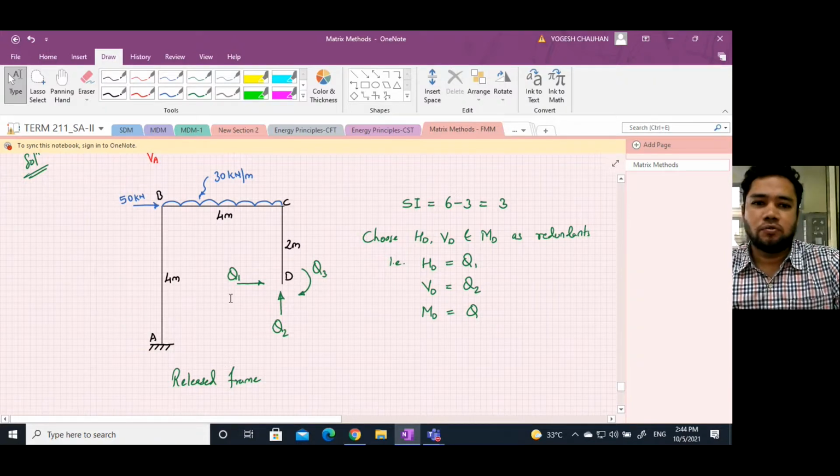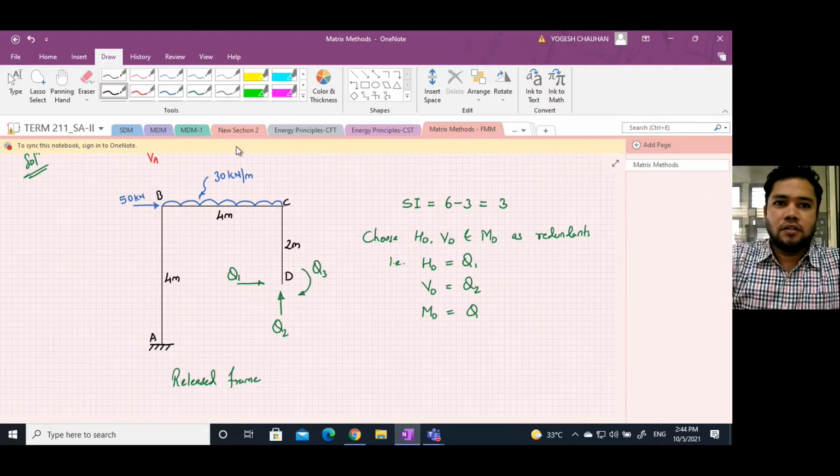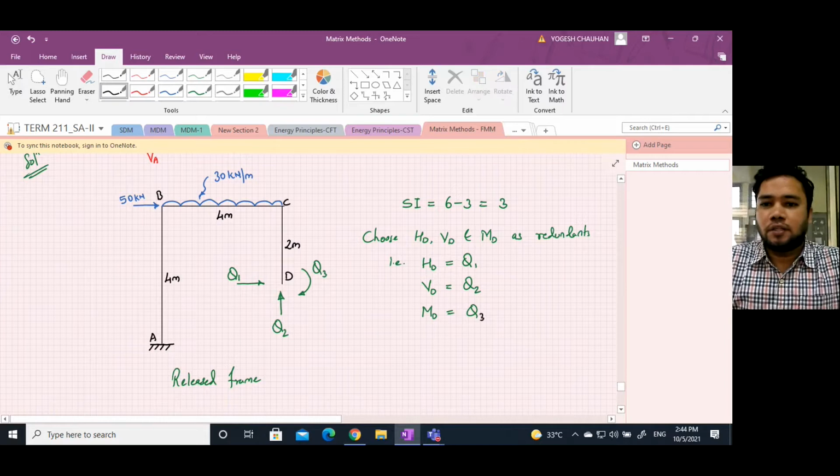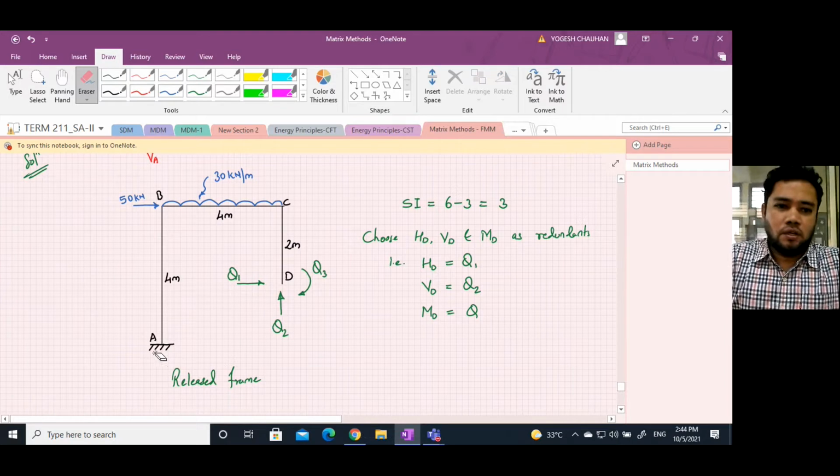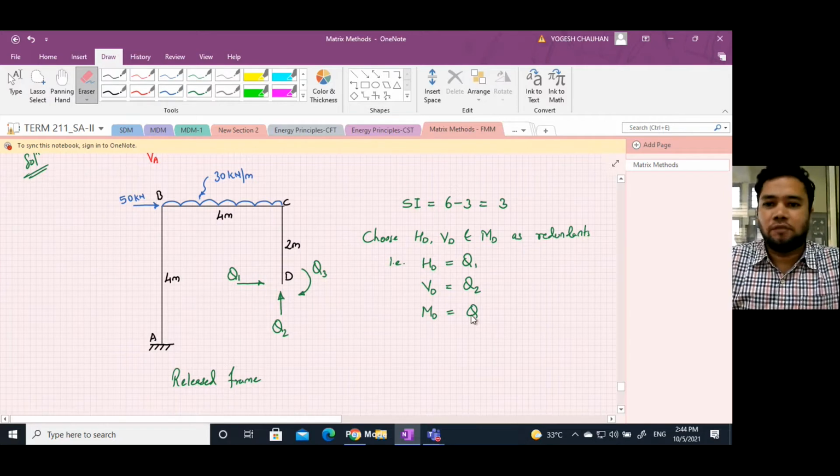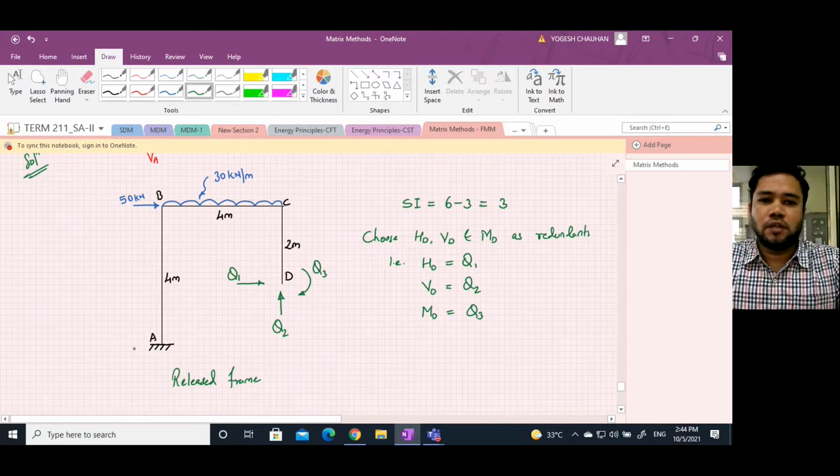We have chosen HD, VD and MD as redundants. The choice of redundant is up to you. You can choose VA, MA and HA as redundants also. The flexibility approach gives you the flexibility to choose. Here we have chosen HD, VD and MD as redundants Q1, Q2 and Q3.